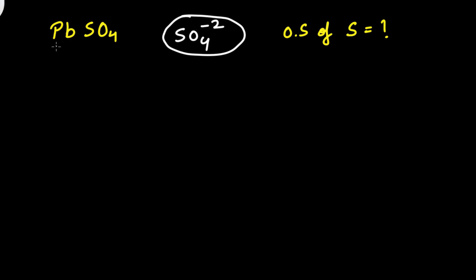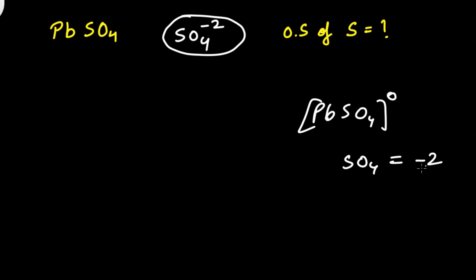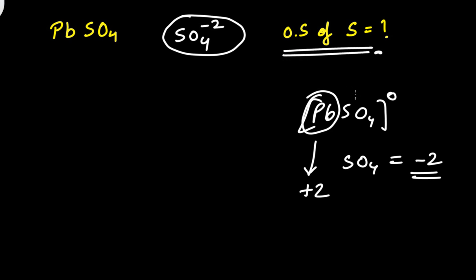So by this we know that the overall charge in the molecule is 0. And we know that SO4 has a -2 oxidation state. So we know that Pb will have a +2 oxidation state. But we need to find the oxidation state of sulfur alone, right? So by this process we find that the oxidation state of lead is +2.